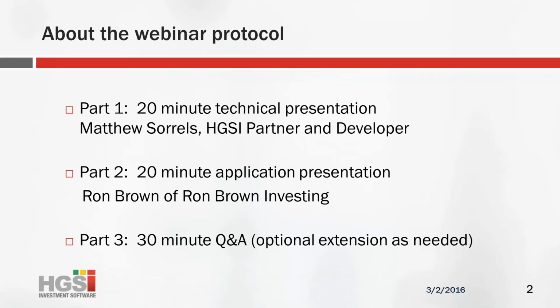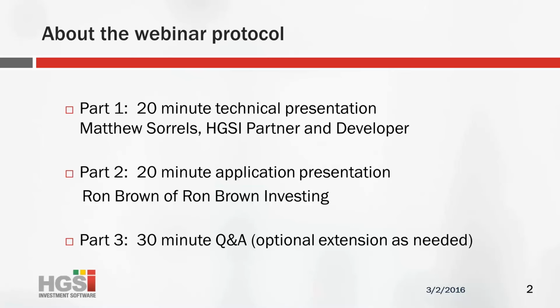Okay, part one is going to be a 20-minute presentation from Matthew Sarles. You don't hear from Matthew very much because he's always back there figuring out how to put something together that's even better than what we have right now. For many of you, you don't realize that Matthew is actually an HGSI partner, so he's my partner.